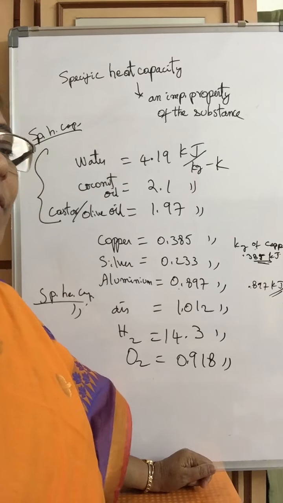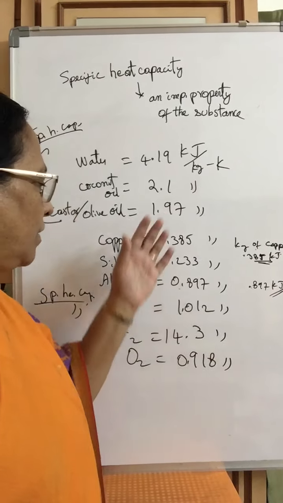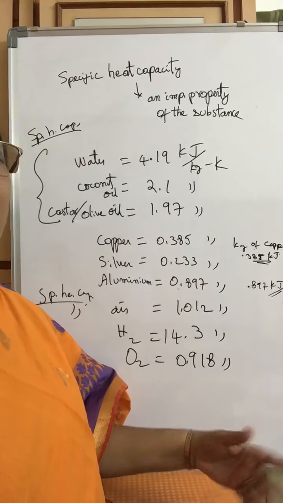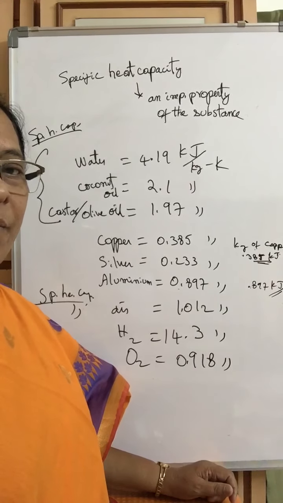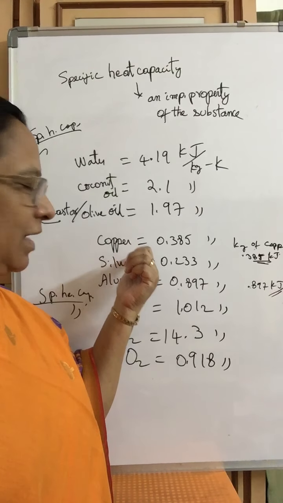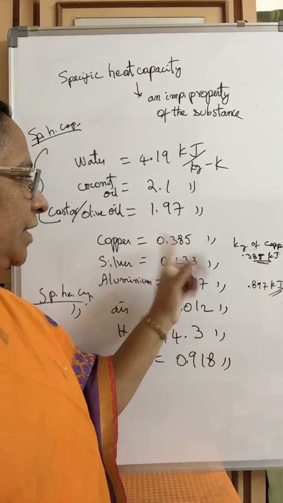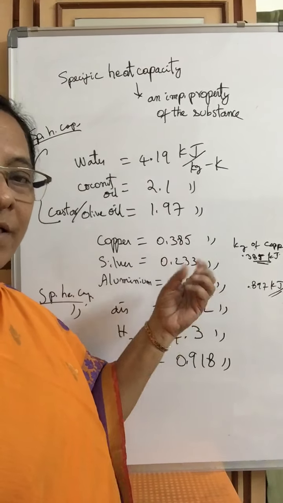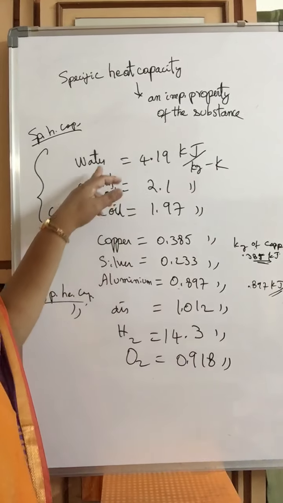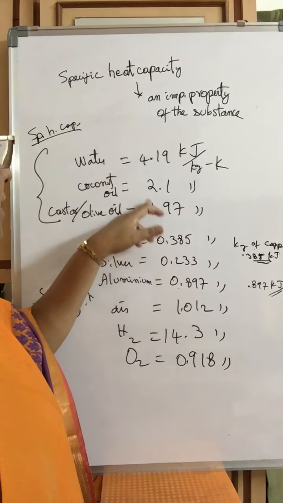That is why, in olden days, our ancestors used to select copper for heating boilers and for heating water for domestic purposes. Compared to other materials, copper has a lower value, 0.385, so with less heat supplied it heats fast. Among liquids, water is 4.19 while oils are nearly 2.